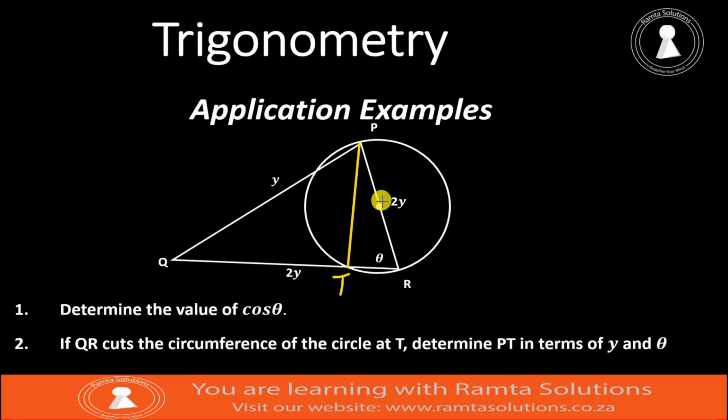But that theorem says the angle subtended by an arc at the center is 2 times the angle subtended by the very same arc at the circumference. As you can see, it's a straight line. If this is 180 degrees, this must be half of that, i.e. it must be 90 degrees, right?